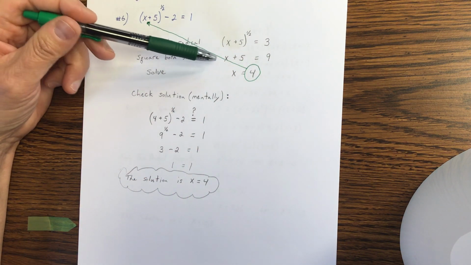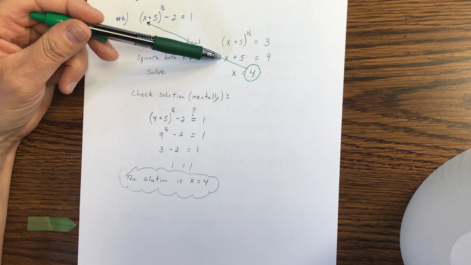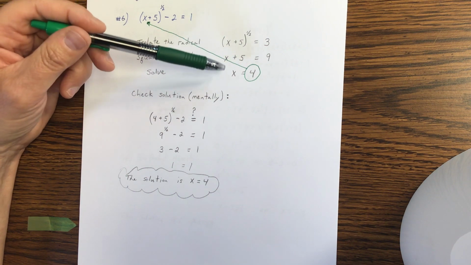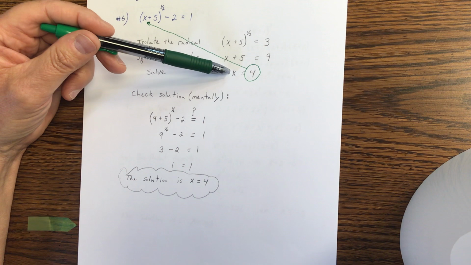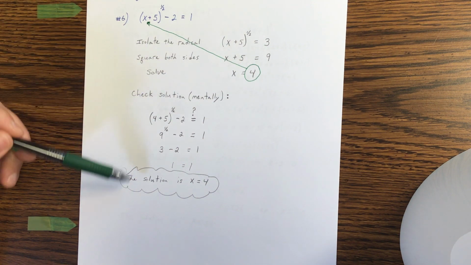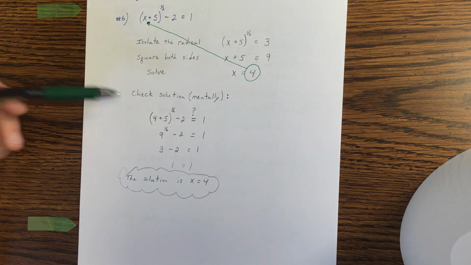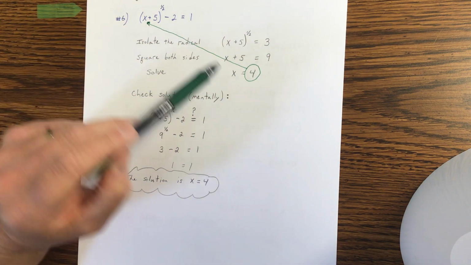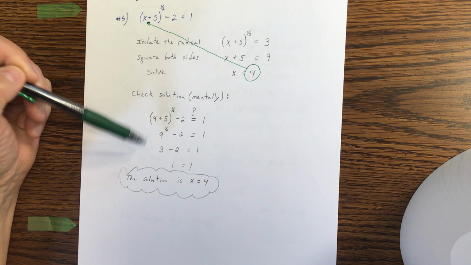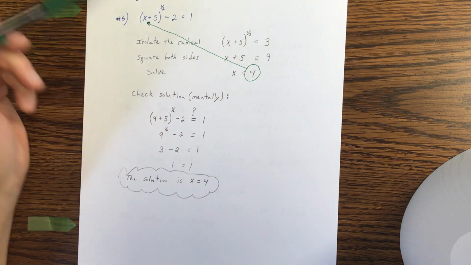Then we're just left with a simple equation. Solve for x by subtracting 5 from both sides, and we get x equals 4. Now this part down here is just checking the solution. I did all the work, but just to encourage you, try to do it mentally.